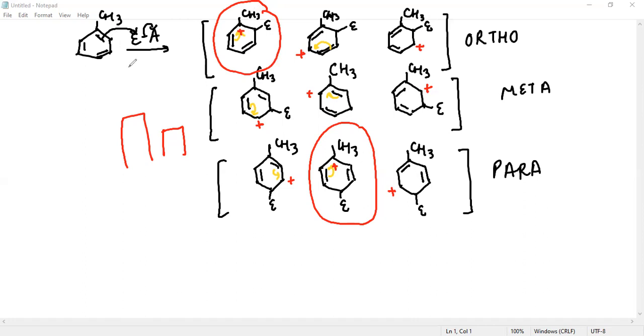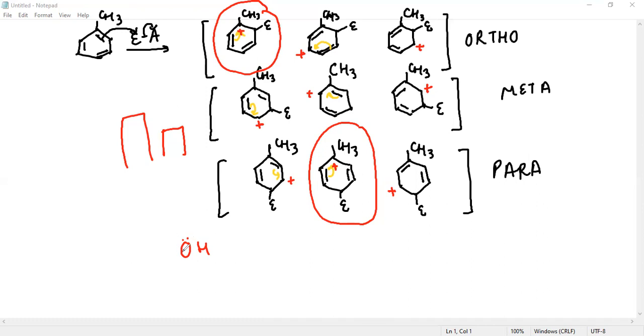There are some other groups as well apart from CH3, for example OH. This is a better donating group than CH3. In CH3 it is just the polarization of the bond; it is not actually donating, it is just stabilizing by hyperconjugation.